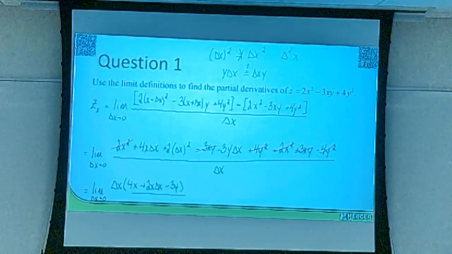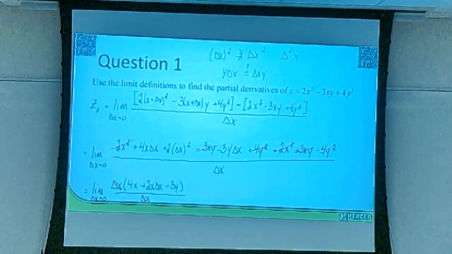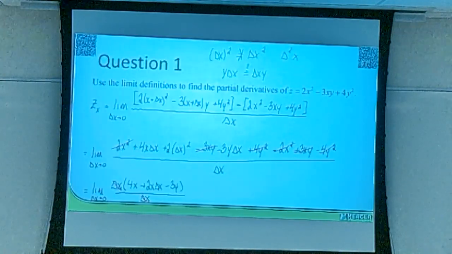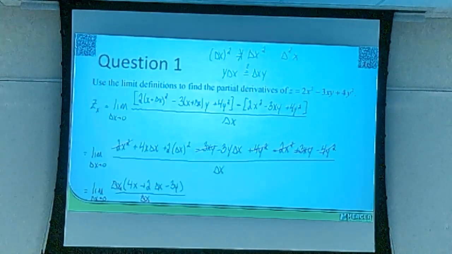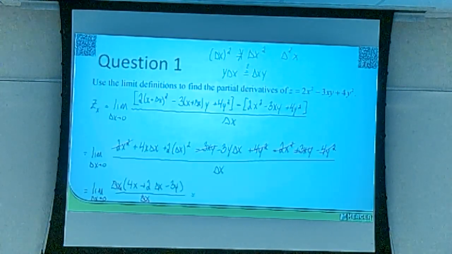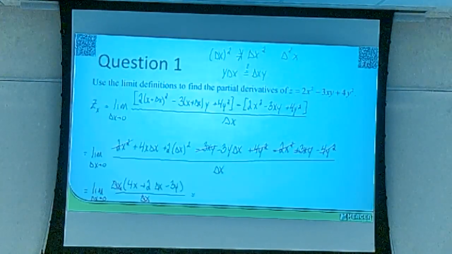Good question. And now what's the limit of what remains? Negative 3, 1, 2, x.